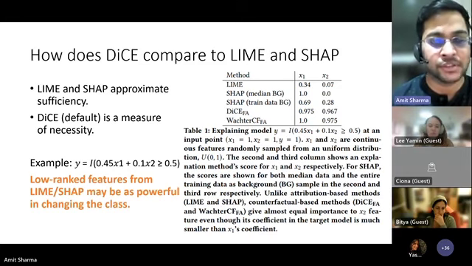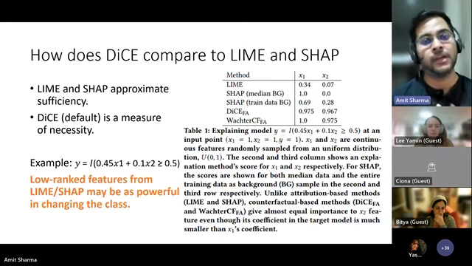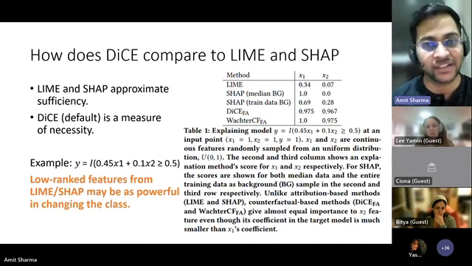As you can imagine, LIME and SHAP look at the coefficients, right? So 0.45, which is much higher than 0.1. And so they would say that x1 is really important. And that's what you see in this table here. LIME gives x1 as 0.4. SHAP, in fact, gives x1 as 1 and x2 as not important at all, right?